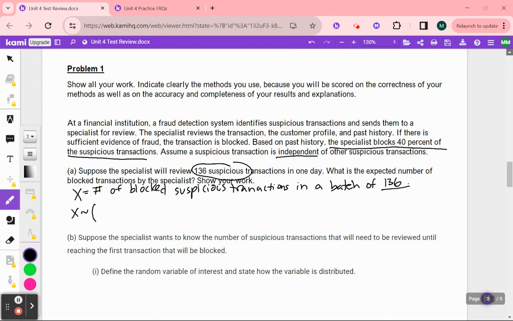So it's binomial with a probability of success 0.4 and number of trials 136. Since it's binomial, the expected value has a formula we can use, which is n times p. So that's 136 times 0.4 equals 54.4 blocked transactions.